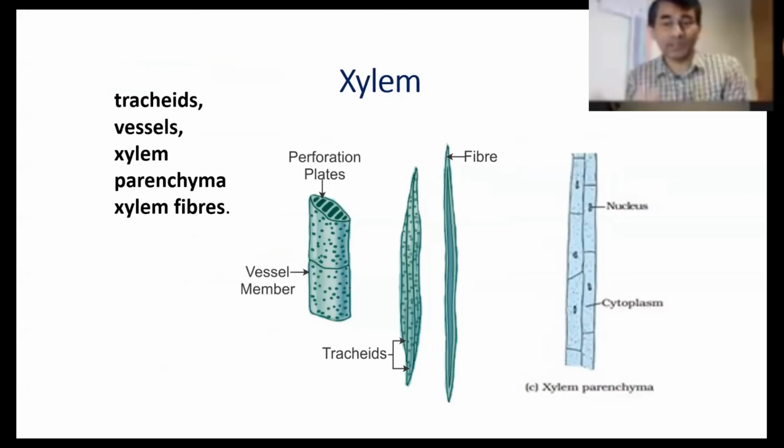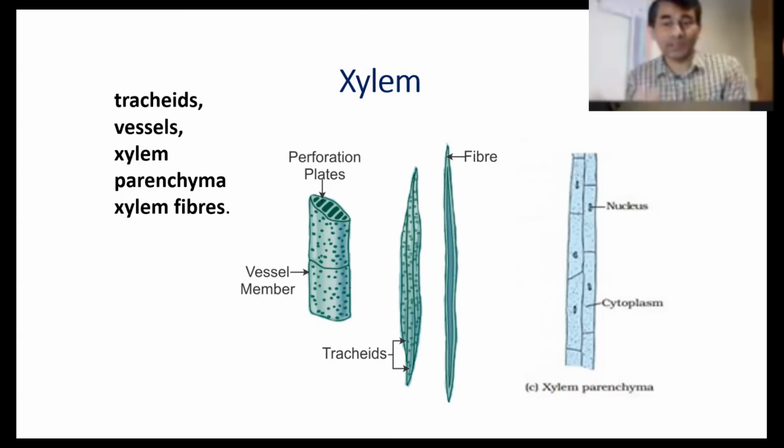Now quickly we'll go through the permanent tissues of the plant. And as I said, there are two types of permanent tissues of the plant, simple and complex. And complex permanent tissues can be xylem or phloem. Now, you don't need many details of this because you will learn this next year.